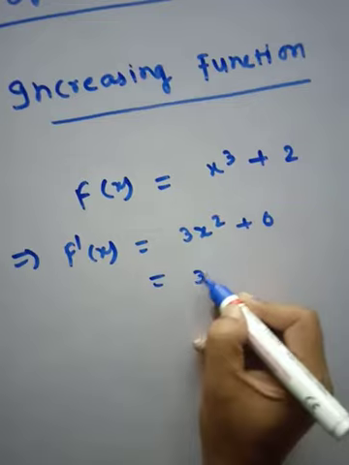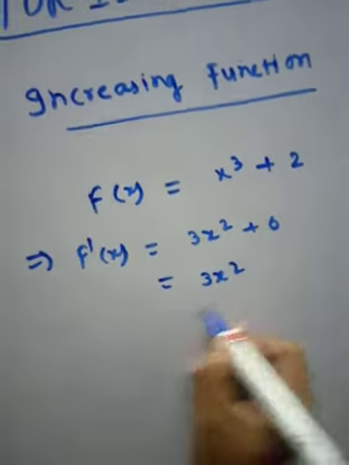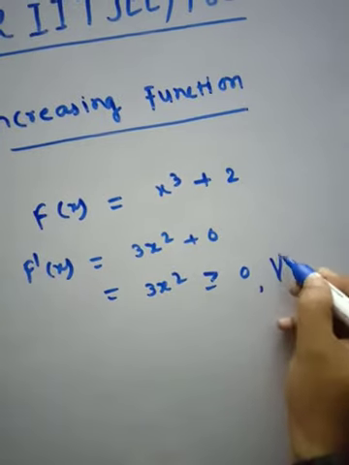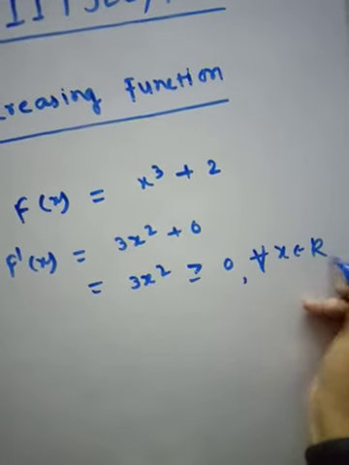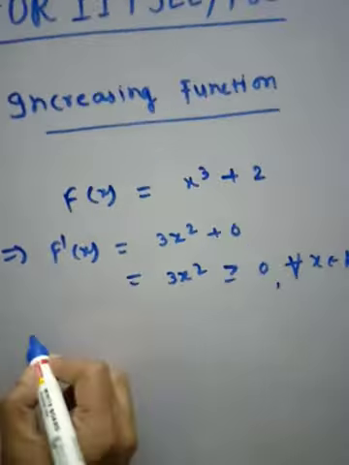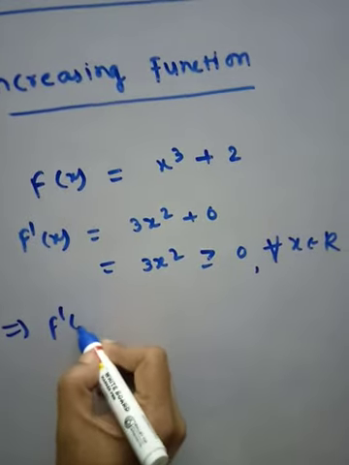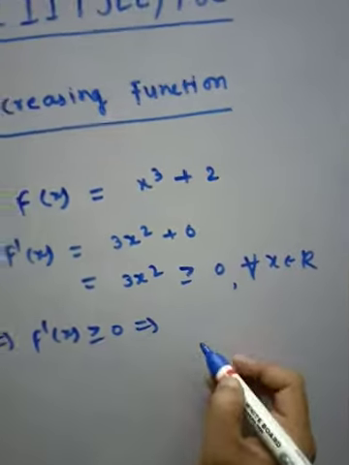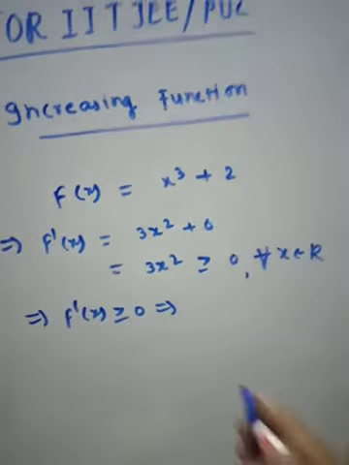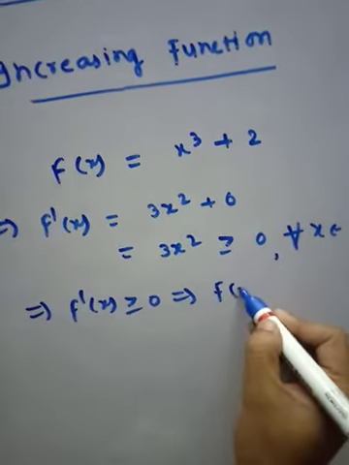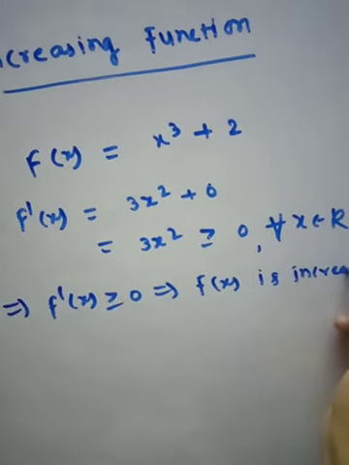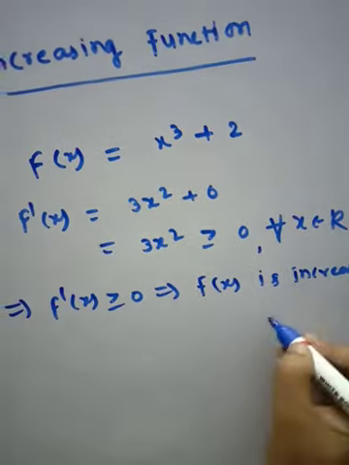So it will be 3x square. And 3x square will always be greater than or equal to 0 for all real x. So f dash x is not strictly greater than 0. That means fx is not strictly increasing. It is an increasing function.